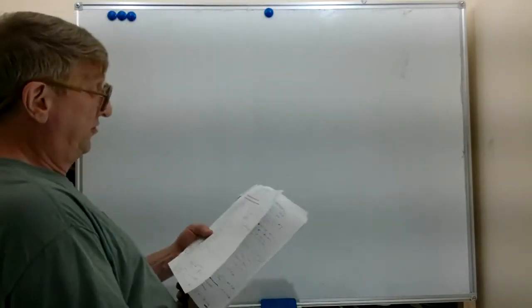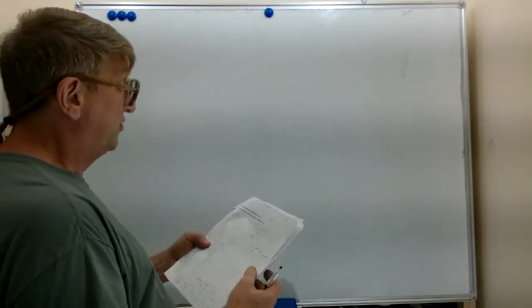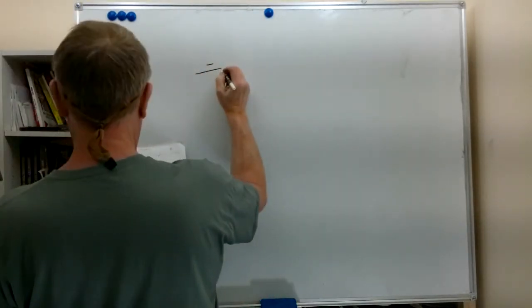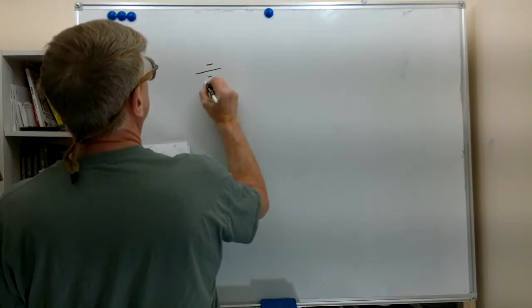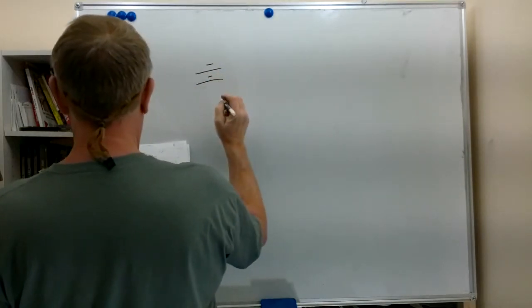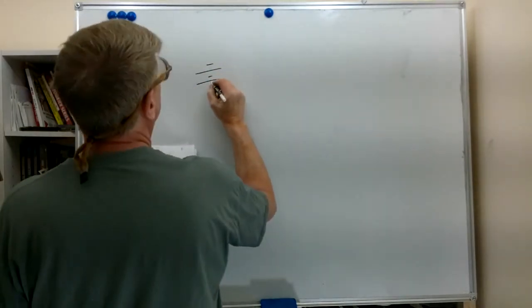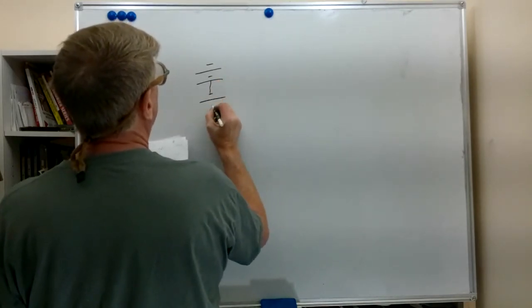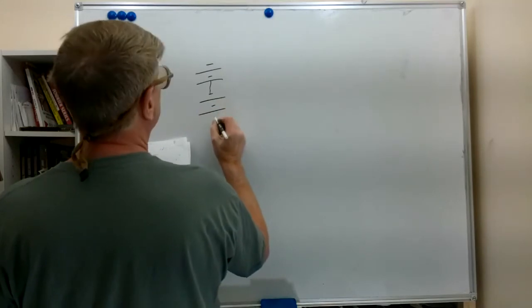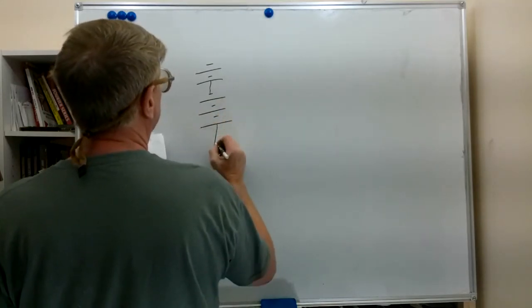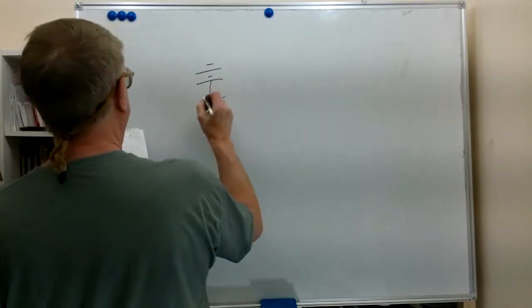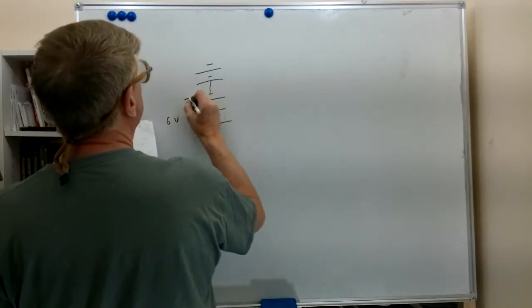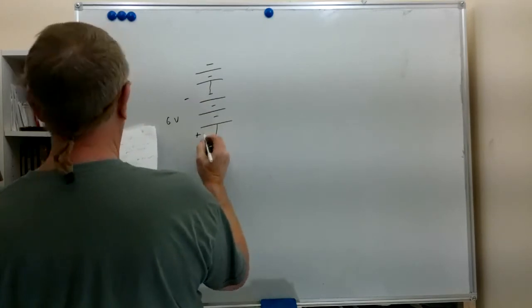We're going to draw another circuit here. We've got two power sources in series. Here we have a 6-volt supply with a negative terminal here and the positive terminal here.